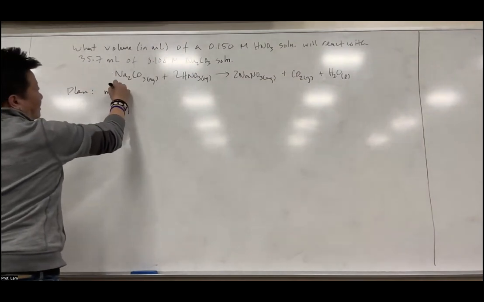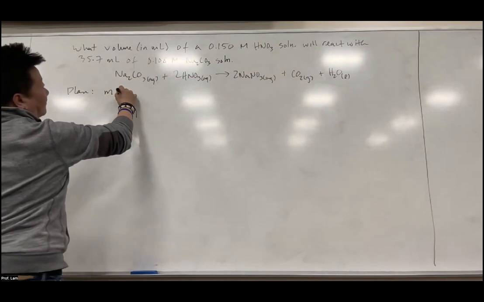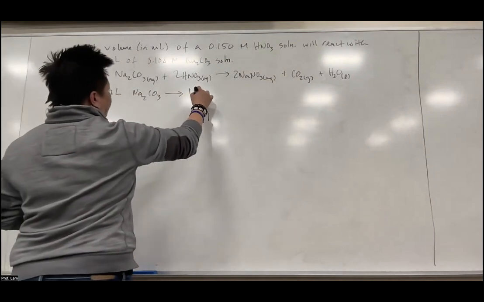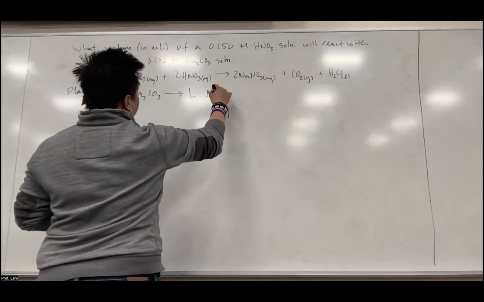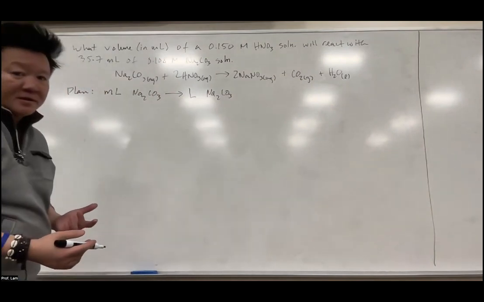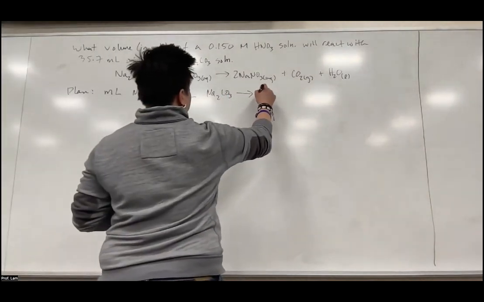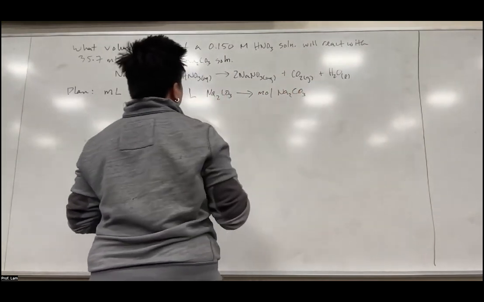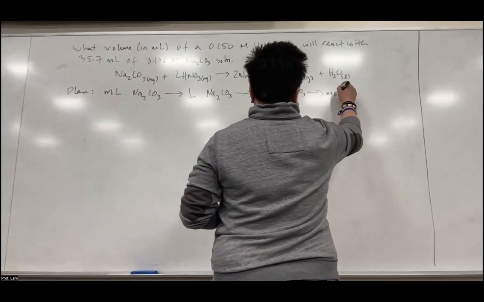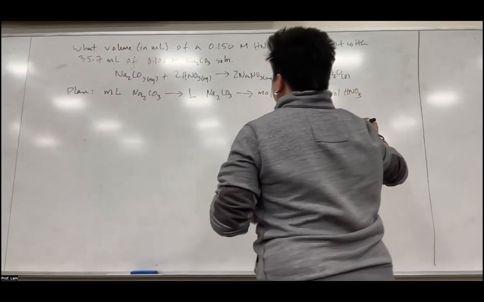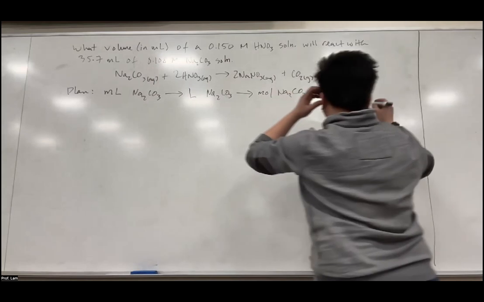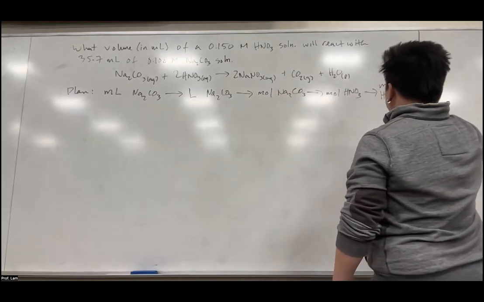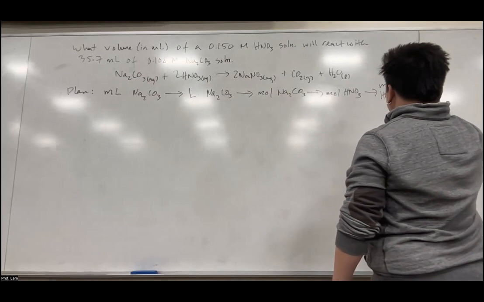So we'll go from milliliters of the Na2CO3 solution, and we need to turn it to liters of the Na2CO3 solution, so that we can turn it into moles of Na2CO3, and then moles of HNO3. And then it's asking for what volume in milliliters. So we go to milliliters of HNO3, and then to liters of HNO3.